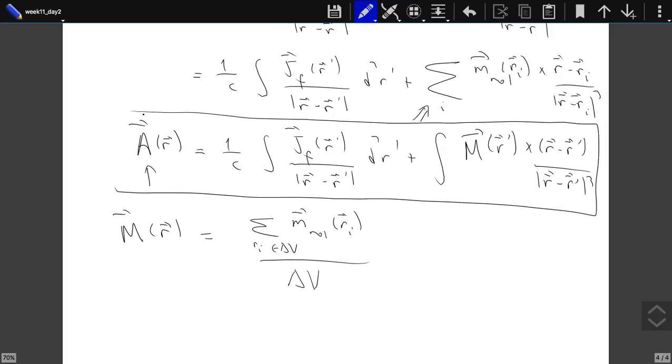Now, the next thing I would like to do, if you remember our discussion on electrostatics, electric fields in matter, we basically had a similar expression. We had this monopole term, instead of the current density we had the charge density, and we also had a second term due to the electric dipole moment of the molecules, or the polarization of our system.